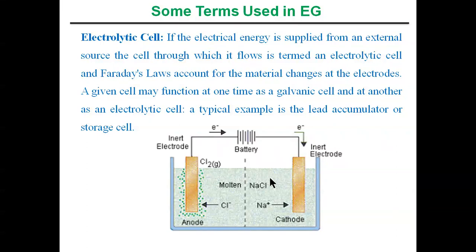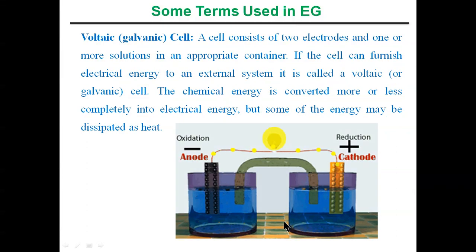So you understand now the difference between the galvanic cell and the electrolytic cell: the electrolytic cell requires external electrical energy, and the cell through which it flows is termed an electrolytic cell. But a galvanic or voltaic cell consists of electrodes in a solution, or maybe one or two solutions, where the cell can furnish electrical energy to an external system.